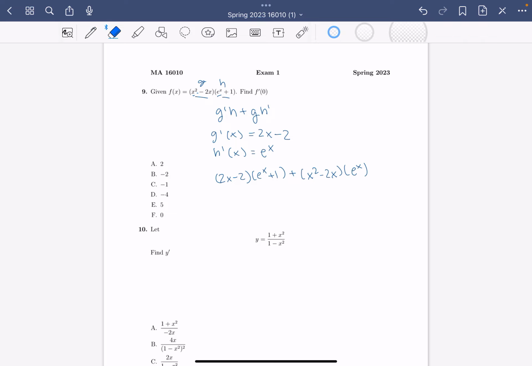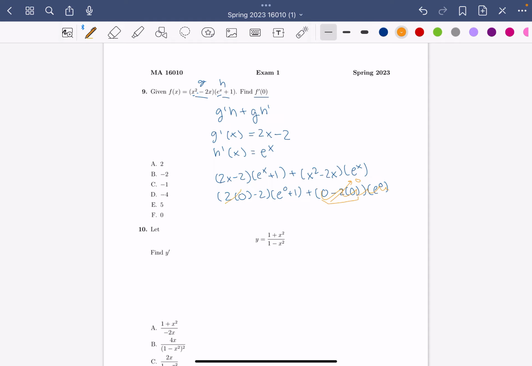So we're trying to find f prime of 0. Let's go ahead and plug 0 in here. So that would be 2 times 0 minus 2, times e to the 0 plus 1, plus 0 minus 2 times 0, times e to the 0. We can see on this right side that this part is going to be 0, which automatically knocks out this entire term.